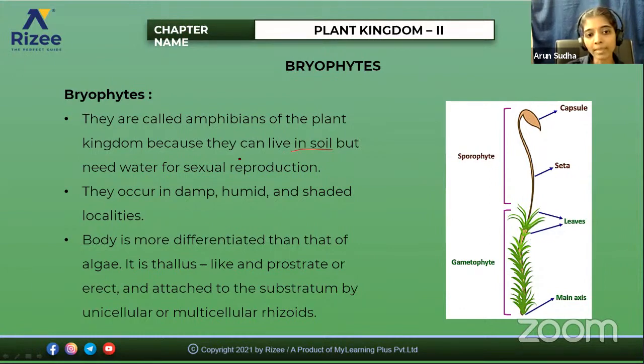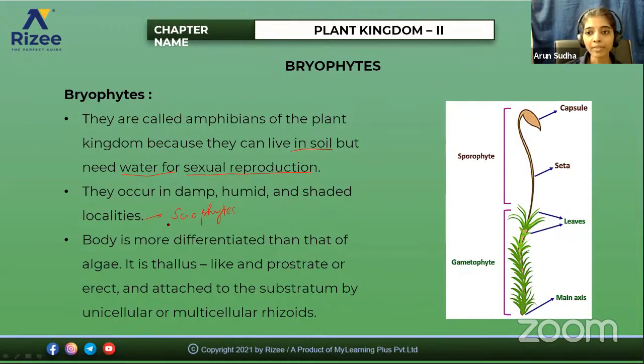They occur in damp, humid and shaded localities, so they are called Zyophytes.